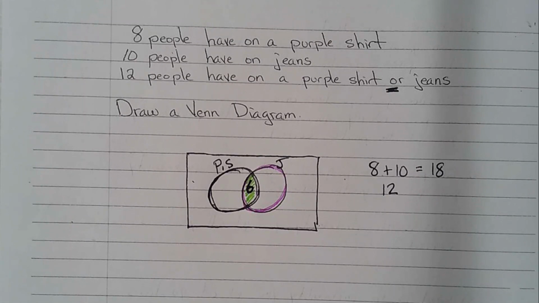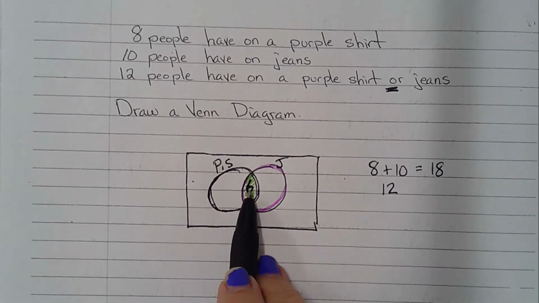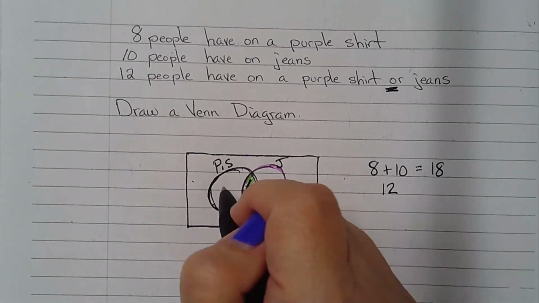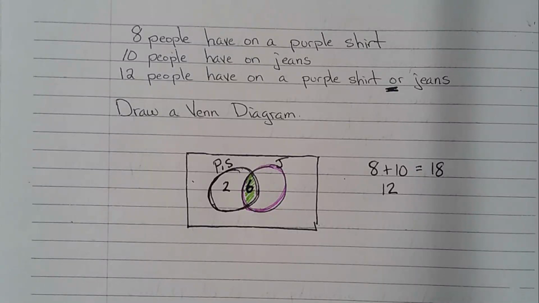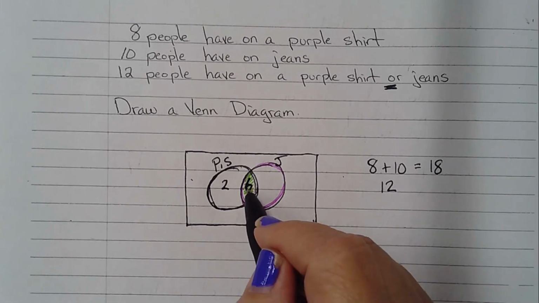All right, now if 8 people total have on a purple shirt, but there's 6 that have a purple shirt and jeans, then that means there's 2 over here. Those are 2 purple shirts, no jeans. Maybe they're wearing shorts. And then there's 10 people who have on jeans. 6 of them are also wearing a purple shirt.